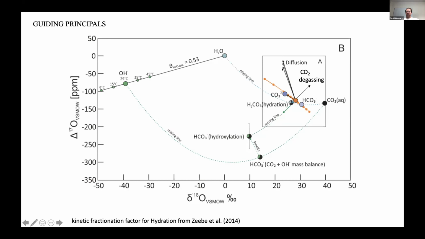And of course, you can play the game also with water, with the hydration, which then gives you again another vector. And you can have CO2 degassing, which goes again in another direction and is not relevant for the calcification model, but maybe for speleothems or something like this. So what we get is a kinetic effect that we observe, which is a combination of various different individual processes. We must understand everything to really predict the cap 17O of our product and to make sense of it.